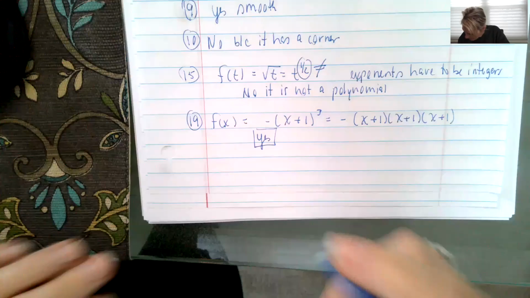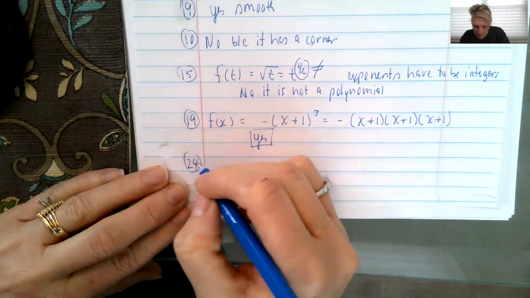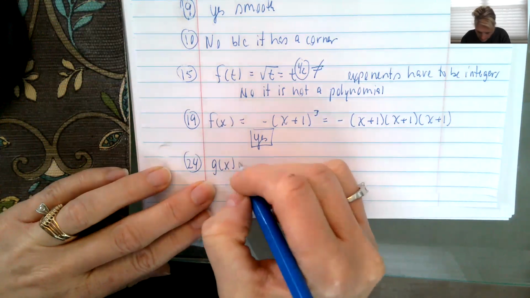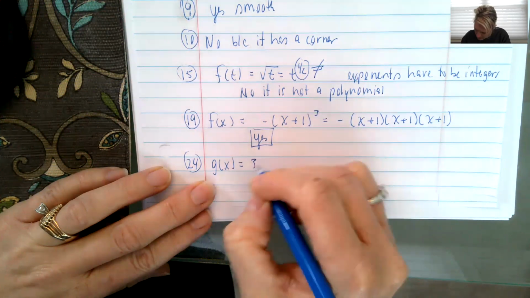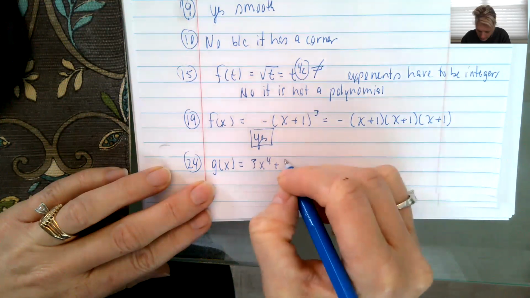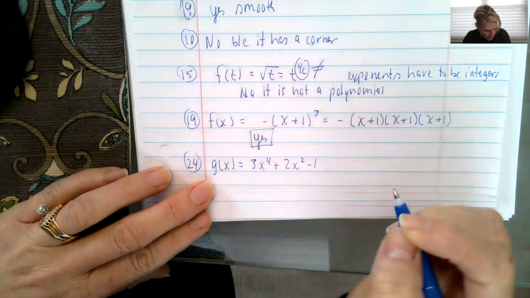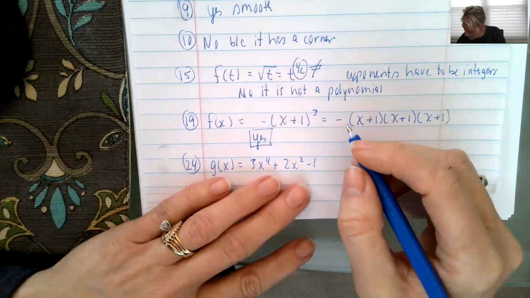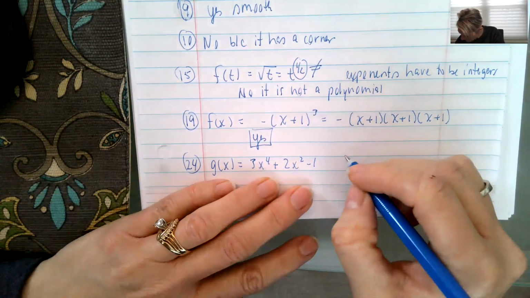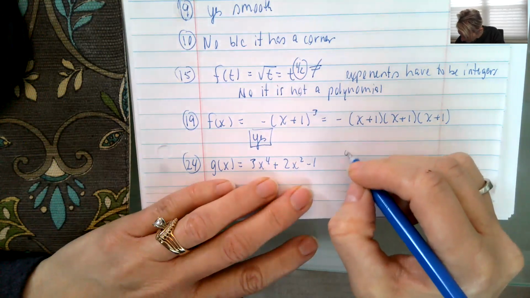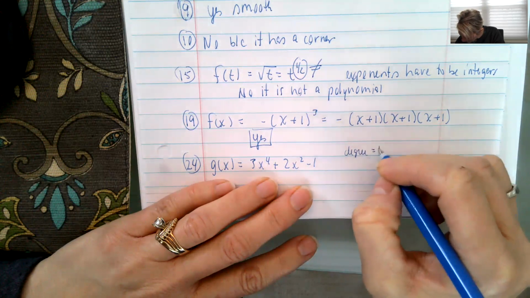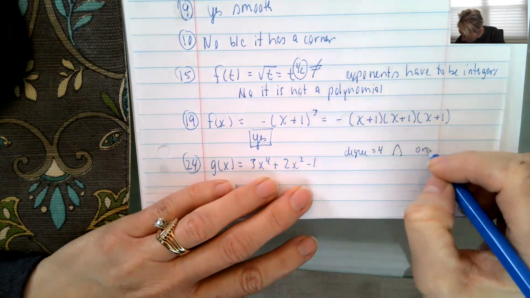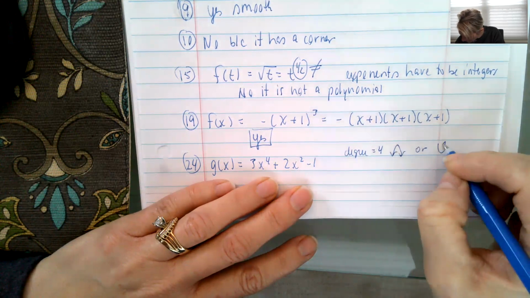Let's look at number 24. So 24 is g of x equals 3x to the fourth plus 2x squared minus 1. And it's just asking for the end behavior. So end behavior means that we have degree is 4. So it's this or it's going to be this.